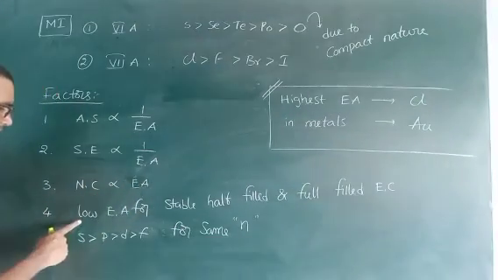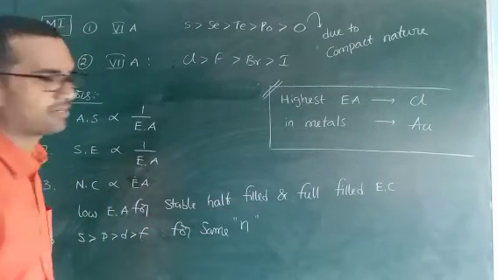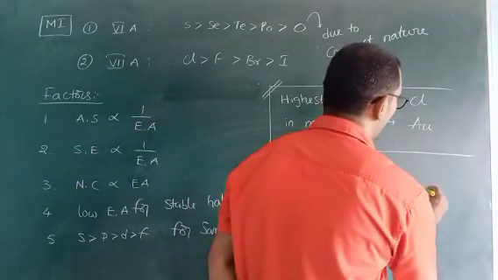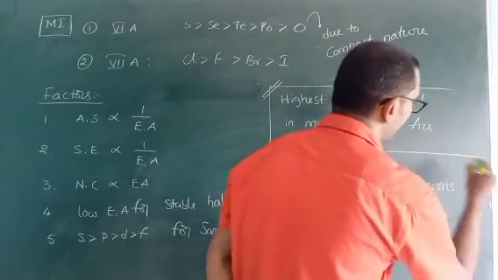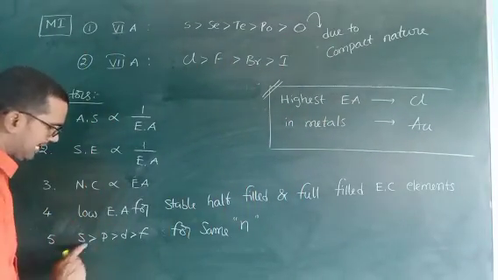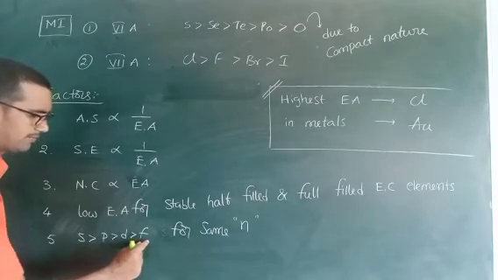And I will explain low electron affinity for stable half-filled and full-filled electronic configuration elements: low or positive. Next, s, p, d, f: s small size, p biggest.